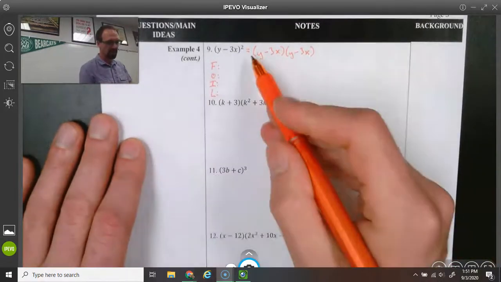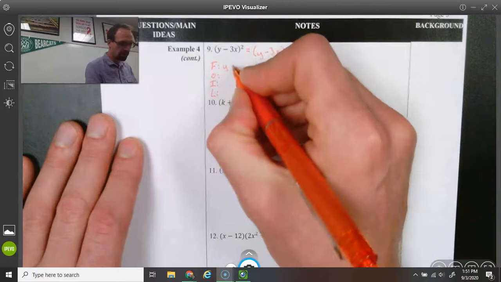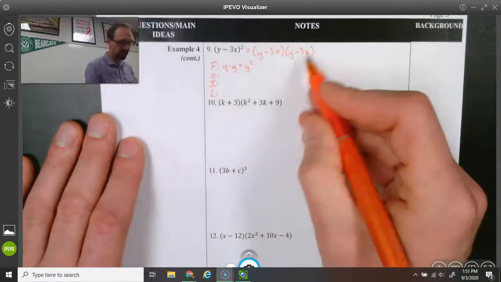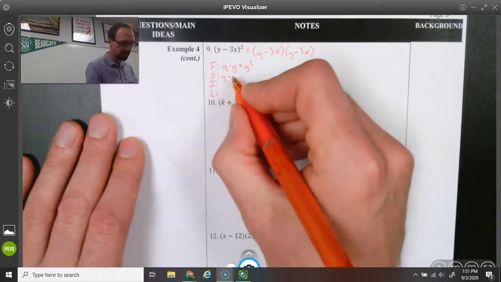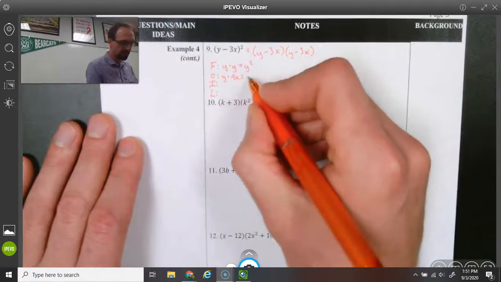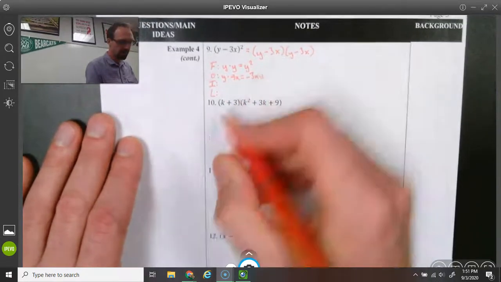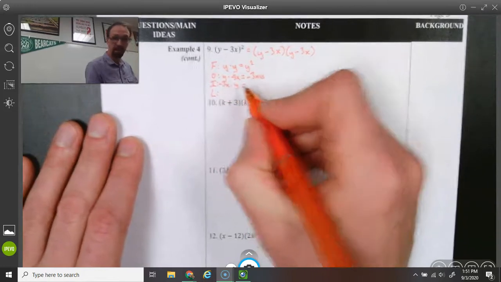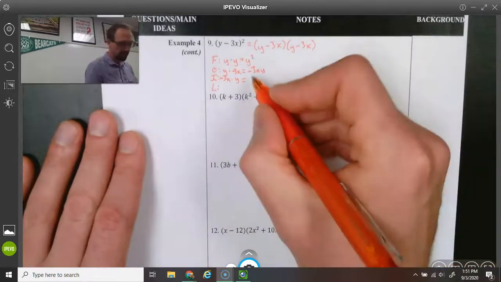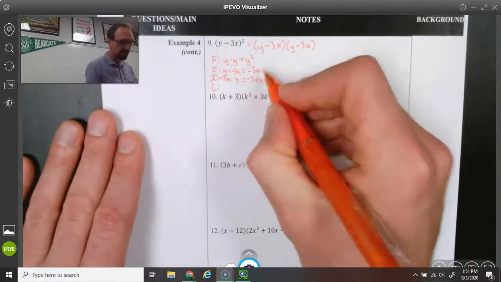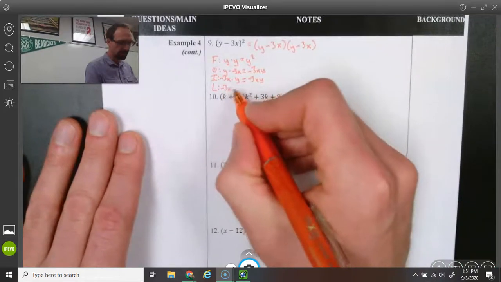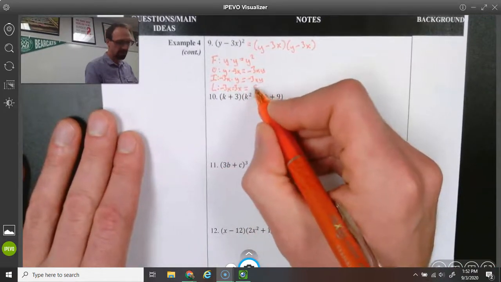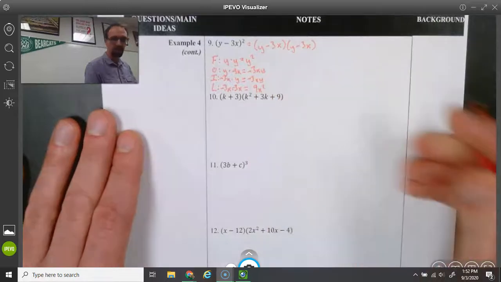Binomial times a binomial. So y times y, that's my first term, so that's going to give me y squared. My outside term is y times negative 3x, which gives me negative 3xy. And then inside terms, negative 3x times y gives me negative 3xy. And then my last term is negative 3x times negative 3x, which is going to give me a positive 9x squared.